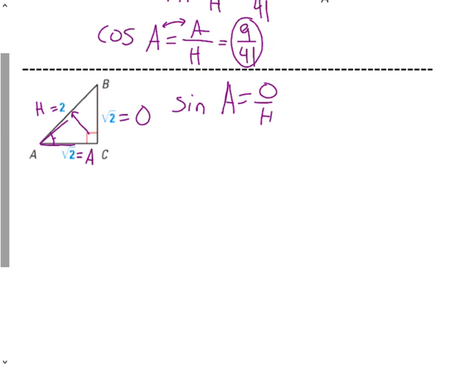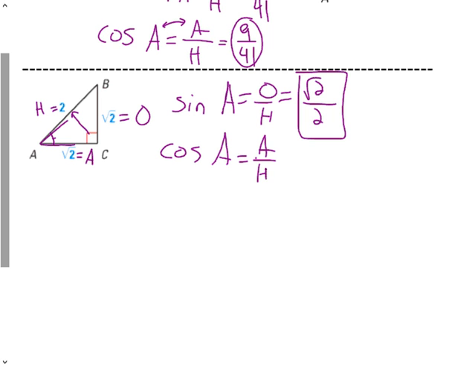And we've got the labels already: square root of 2 over 2. Cosine of A equals adjacent over hypotenuse, and that is square root of 2 over 2. They're going to match when we are in that 45, 45, 90 triangle. You have to recognize the side and the hypotenuse.